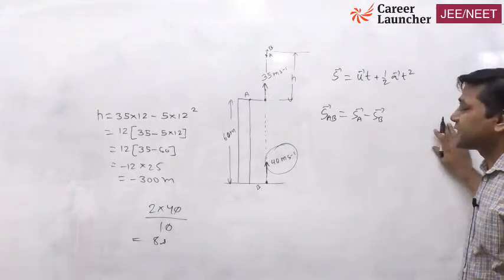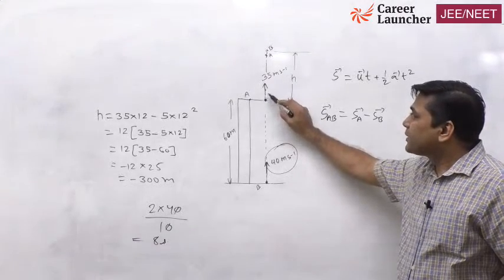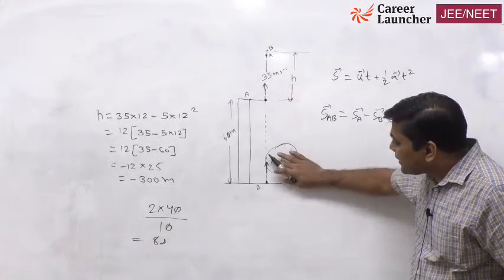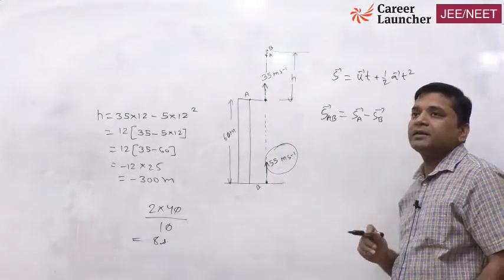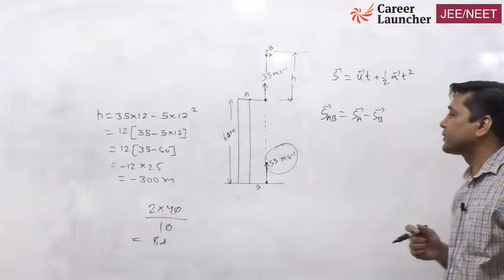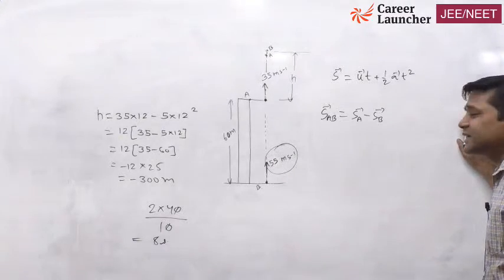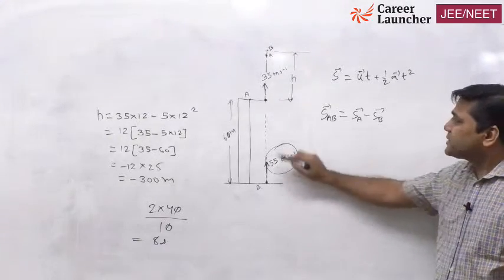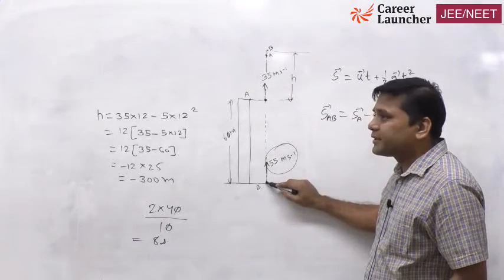S_AB is SA minus SB. A is moving, but here it is given 35. To make this question correct, I am just taking this as 55. Then we can get some certain answer over here. In this case, SA minus SB, A is moving with respect to B, but B is always stationary.